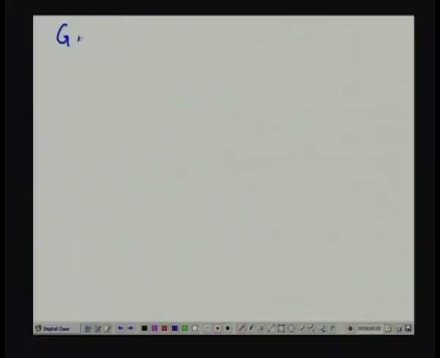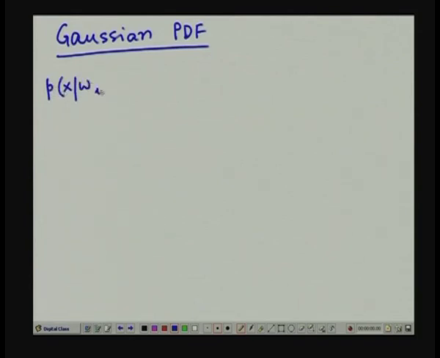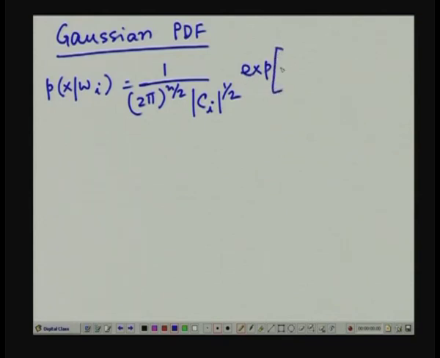So, if I assume a Gaussian PDF, it is of the form p of x given omega i equal to 1 upon (2 pi) to the power n by 2 into |C i| to the power half, exponential of minus half (x minus m i) transpose C i inverse (x minus m i), where m i is the mean of the vectors x belonging to class omega i and C i is the covariance matrix of all the vectors belonging to class omega i.